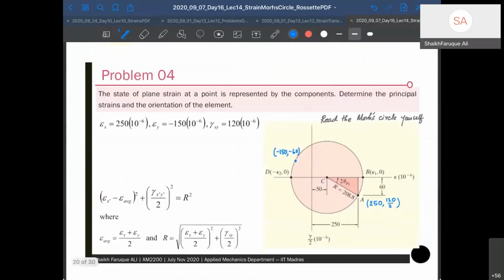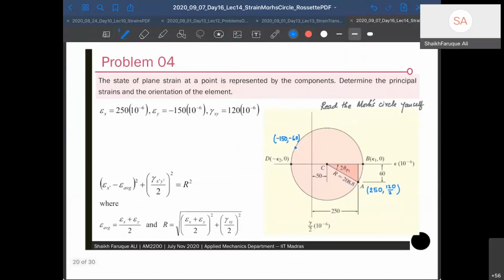Okay, Mohr circle. The state of strain is represented by the components; determine the principal strains and the orientation. So you have been asked to find the principal strains given a state of strain. Say epsilon x is given, epsilon y again you see negative, and gamma xy is given.